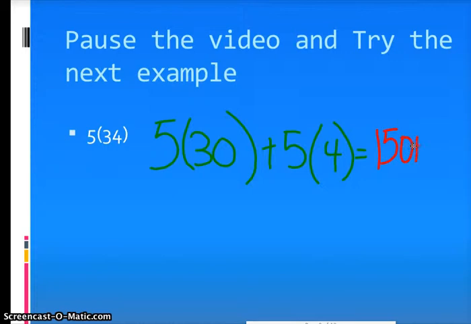Then we add on 5 times 4, which is 20. Altogether, that equals 170. So it's a quick, easy way to get 5 times 34 using the distributive property through the tens and the ones place, in the 3 and the 4.